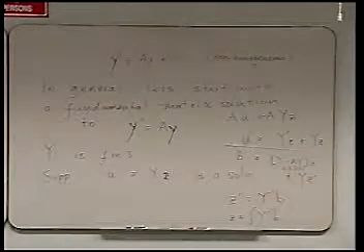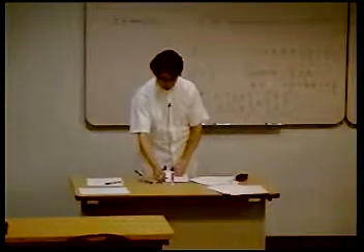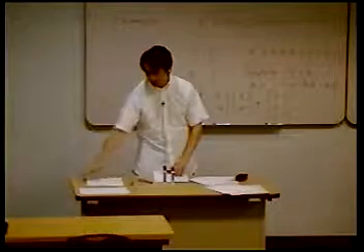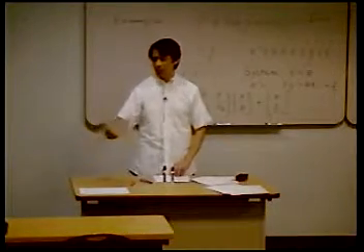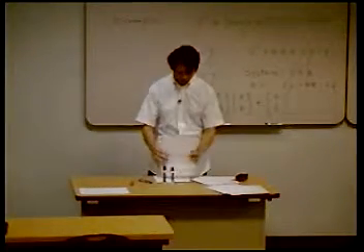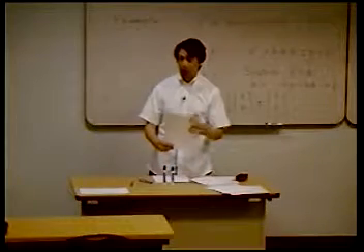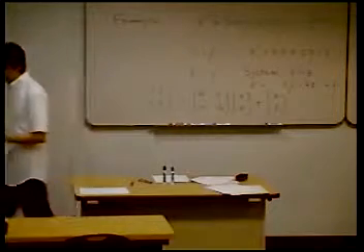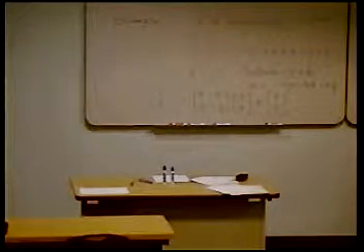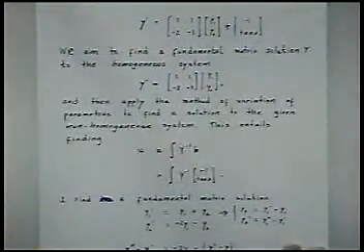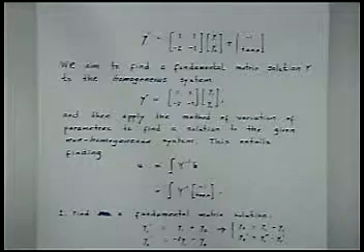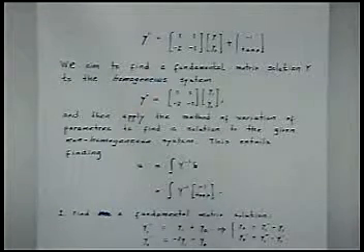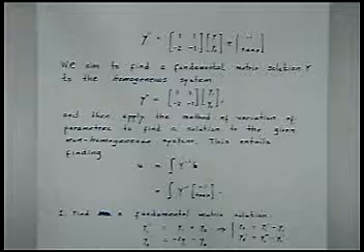Now, I'd like to exemplify the method itself. So I came up with an example, which I will show here in the document camera. I'm asking to solve a non-homogeneous system.